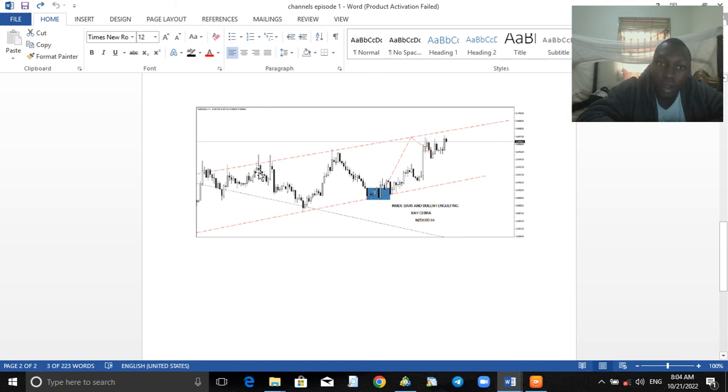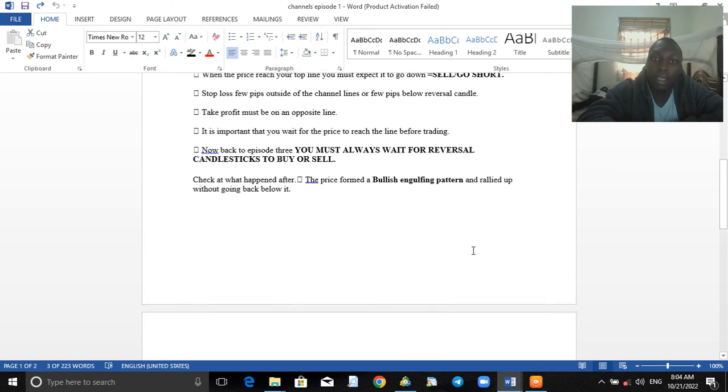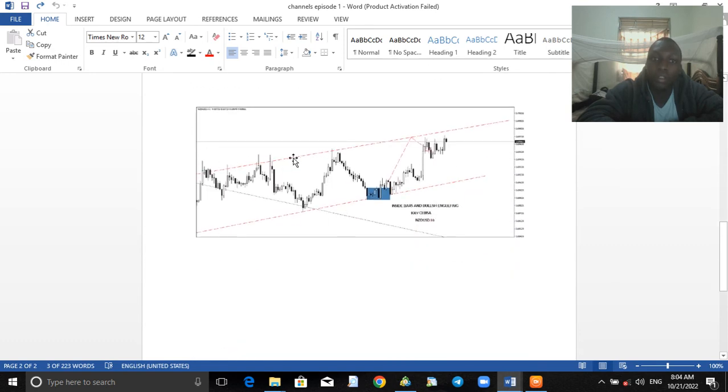This was our resistance trend line, and this was our support trend line. If you couldn't wait for the candle close, you might be trapped here and think it is a buy. You jump into the buy and you see the price engulfing back inside the channel, and you are stopped out. One of the rules we told you is to wait for the candle close or a weak rejection at this resistance line, and then you click a sell.